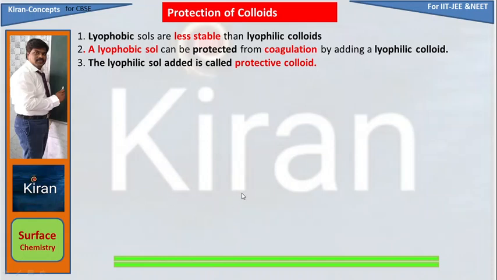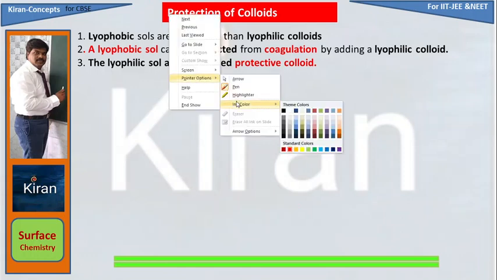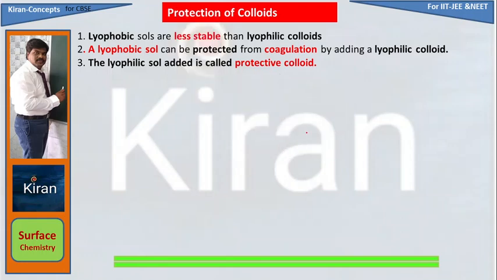As per the classification, how many types of colloidal solutions do we have? Two: lyophilic and lyophobic. Lyophilic means the interaction between the particles and the medium is high. But lyophobic has a very small interaction, almost all repel each other.